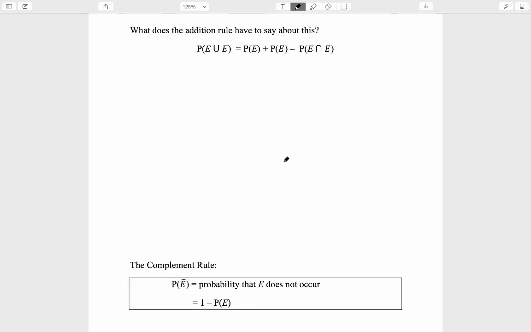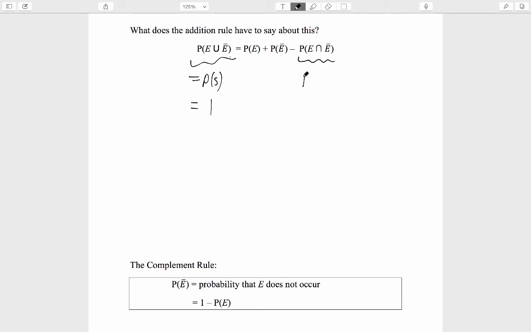What does the addition rule have to say about this? The addition rule says that the probability of the union of E and E complement, which we've just figured out, is the same thing as the probability of the entire sample space, which has to be 1. That equals, according to the addition rule, the probability of E plus the probability of E complement minus the probability of their intersection.